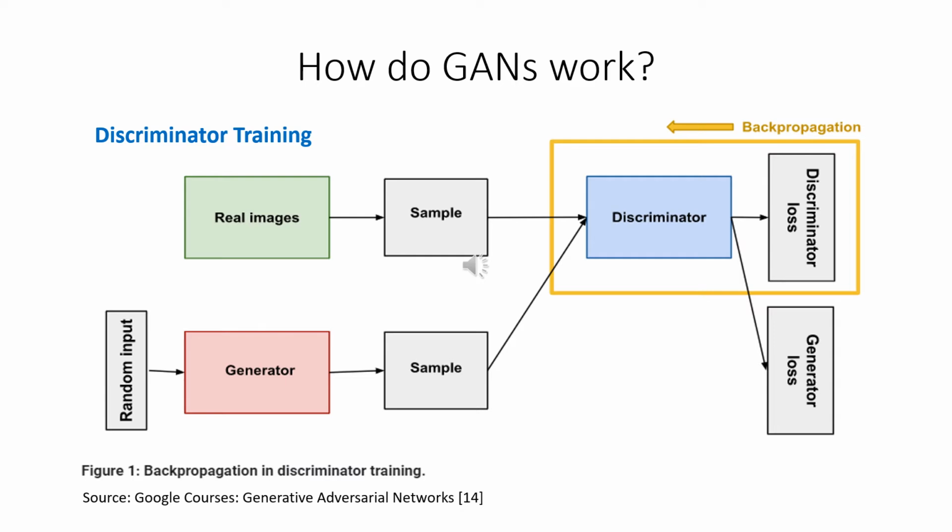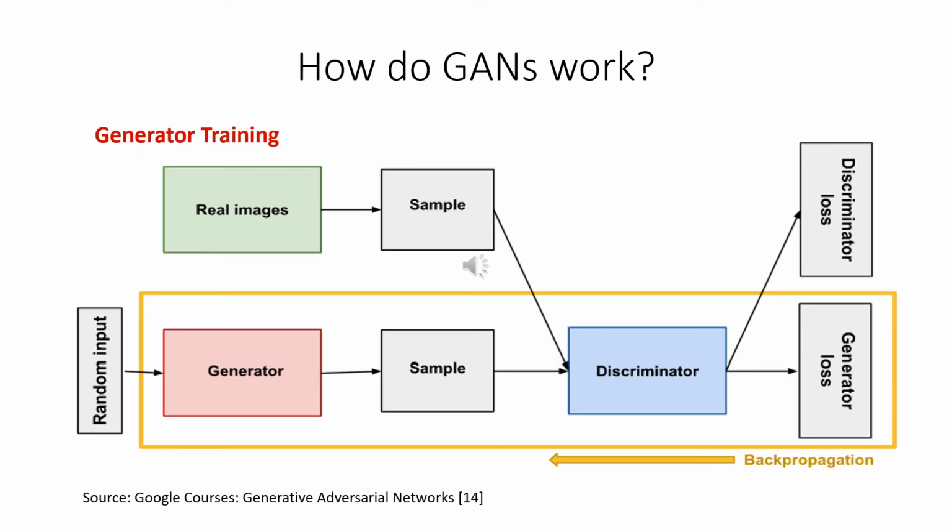The discriminator classifies both real data and fake data from the generator. The discriminator loss penalizes the discriminator for misclassifying a real instance as fake or a fake instance as real, and the discriminator updates its weights through backpropagation from the discriminator loss through the discriminator network.